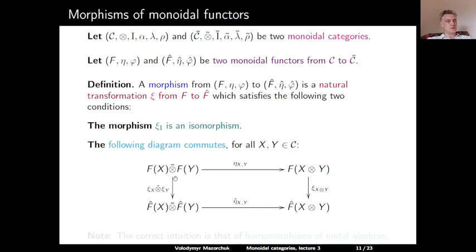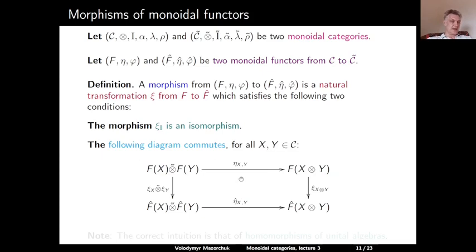Alternatively, we start from F of x tensor F of y. We apply the tensor product of psi x and psi y to go to F hat of x tensored with F hat of y. And then we apply eta hat to go to F hat of x tensor y. So this diagram should commute.